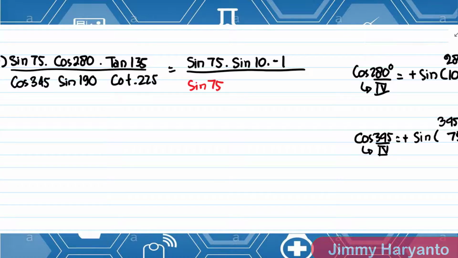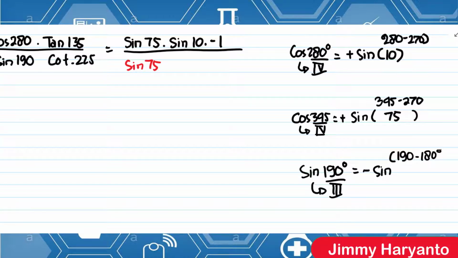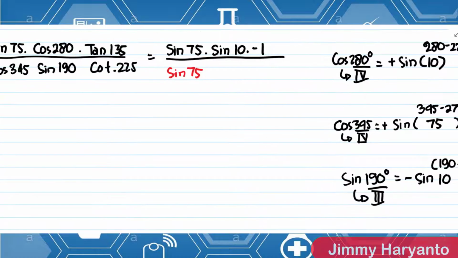And then for sine 190, I will use 180 degree as our benchmark. This one is quadrant 3, sine in quadrant 3 will be negative, and then sine also, because we are using 180 degree, it will become 10, negative sine 10 times negative sine 10.